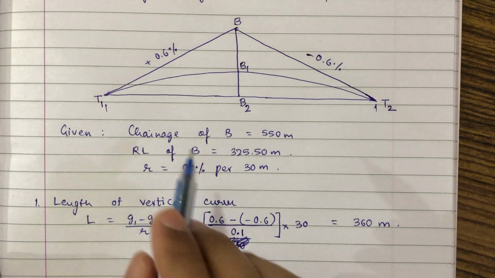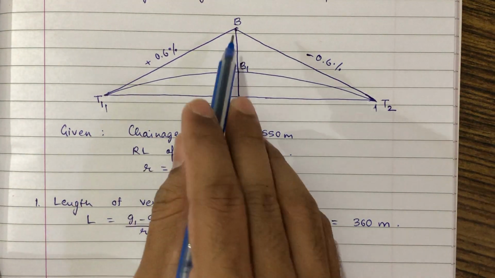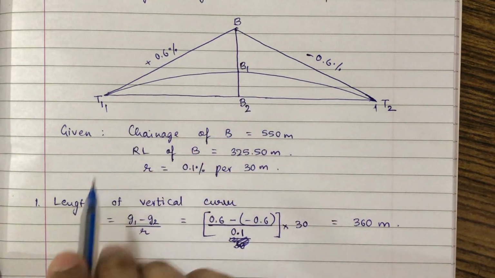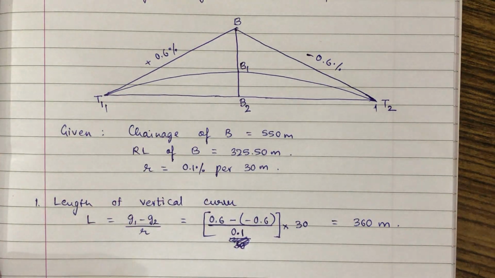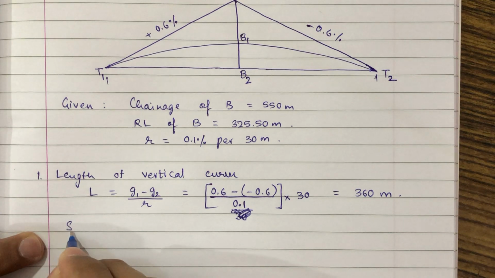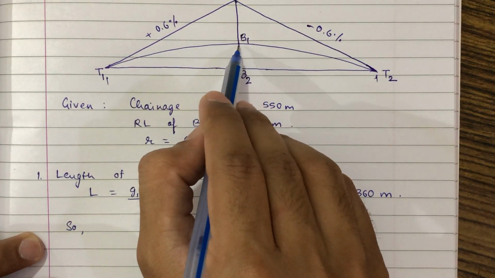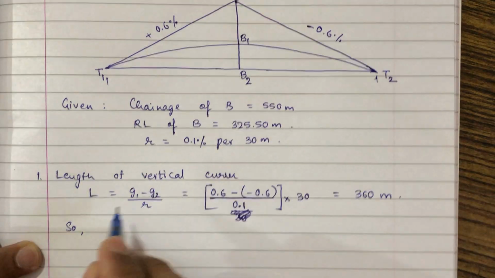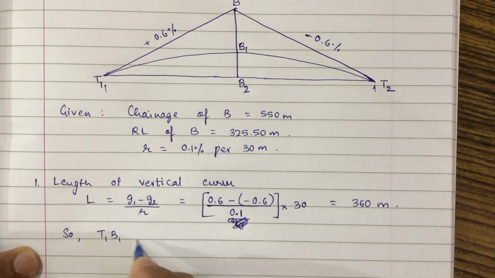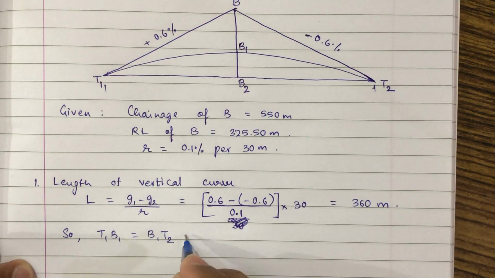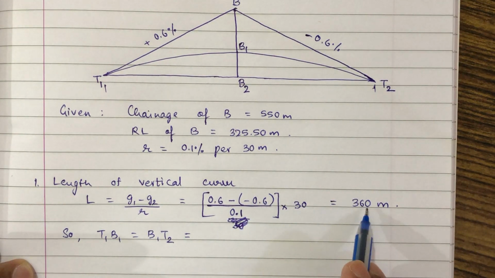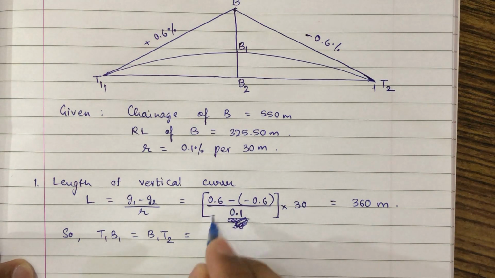Now, as we have seen that both the sides are equal, T1B1 will be equal to B1T2, that will be equal to half of this 360, half of the total length of the vertical curve.